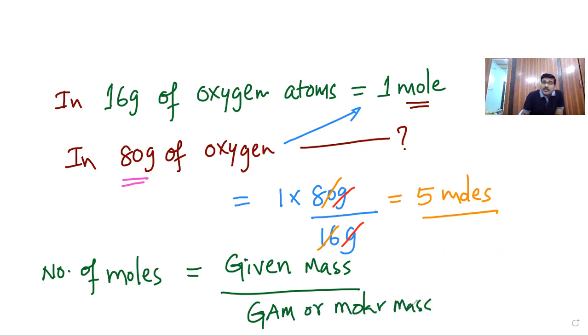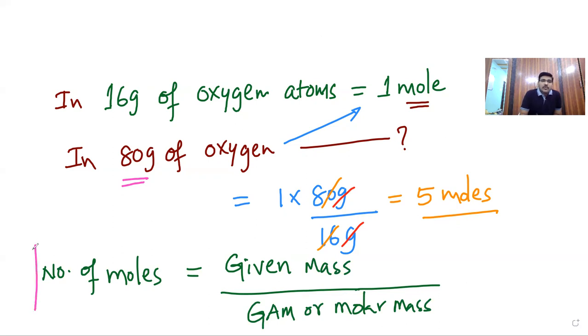That means afterwards, to find out the number of moles, the direct formula is given mass by the gram atomic mass or molar mass. This is the formula.